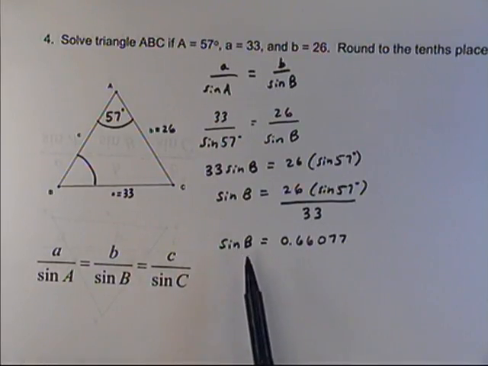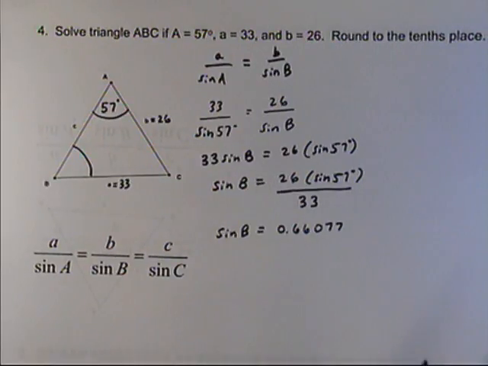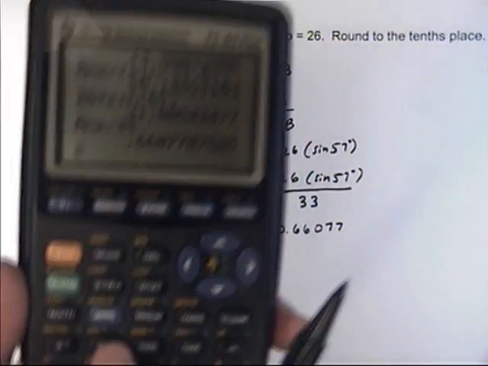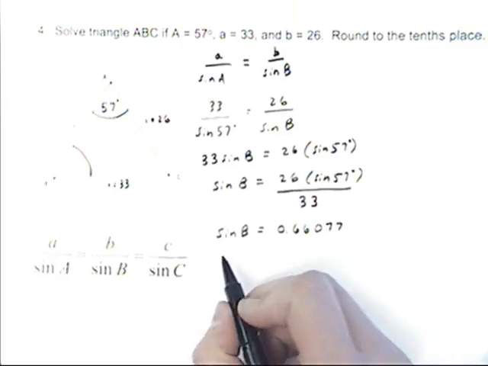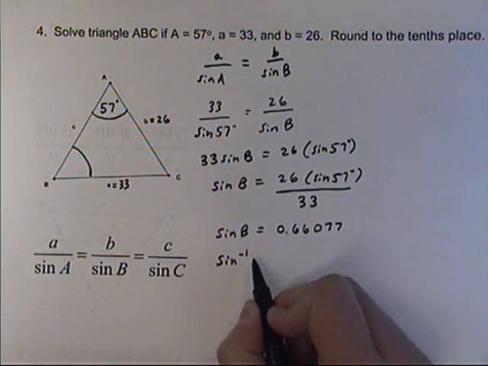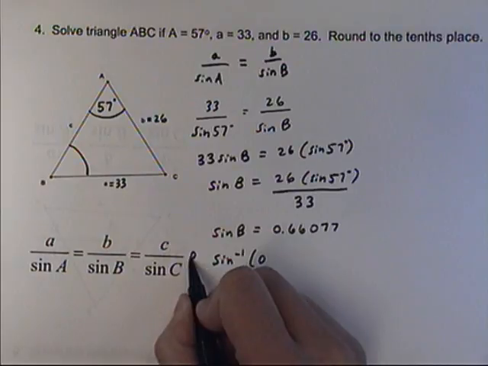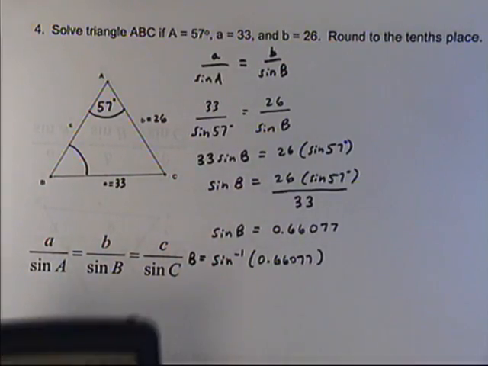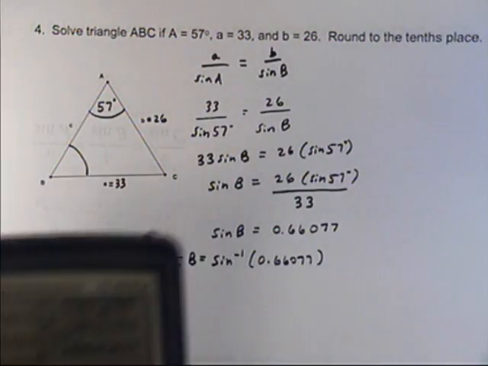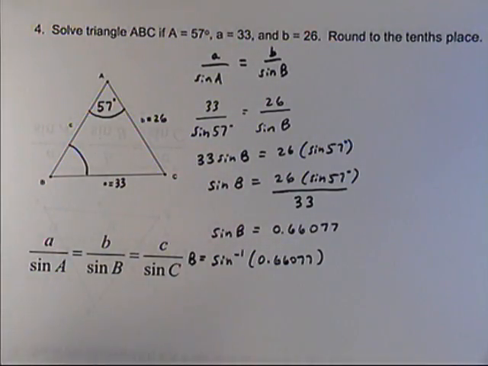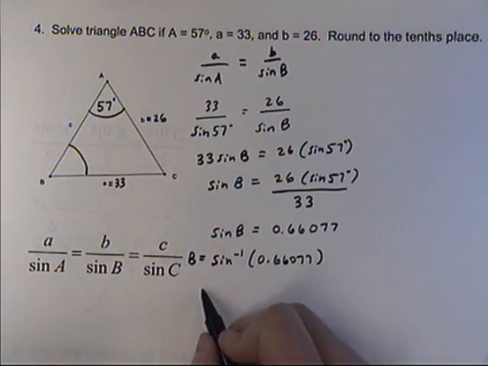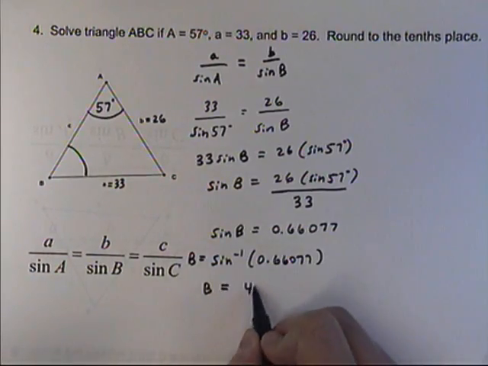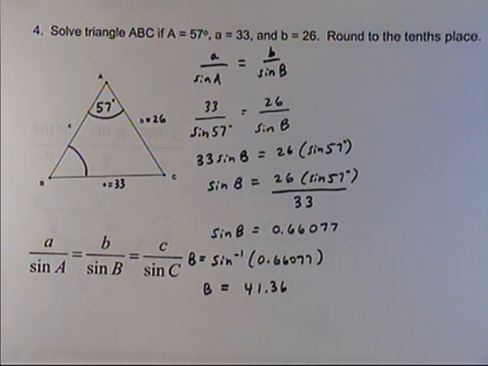Now we have to find angle B by using the inverse button. So the inverse would be this one right here. Now what's going to happen is that the inverse is only going to give us one possible answer. And it says that the angle is 41.36 degrees.